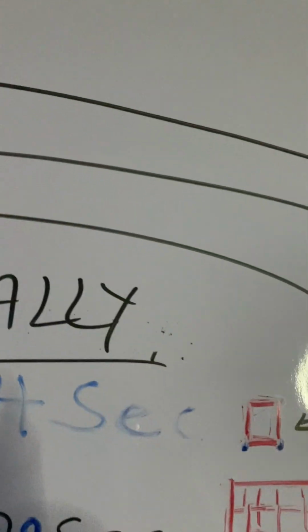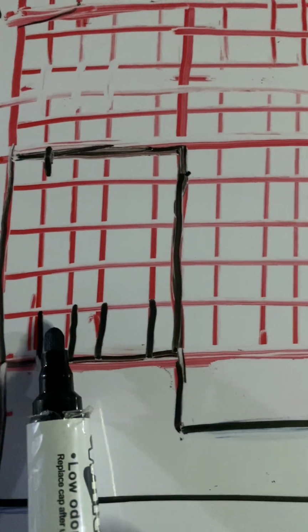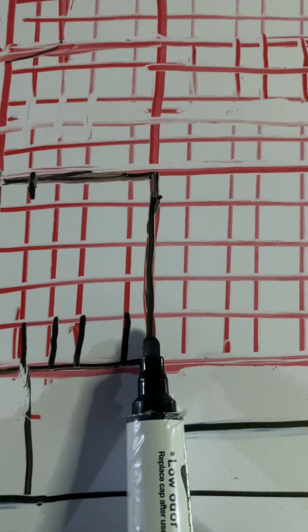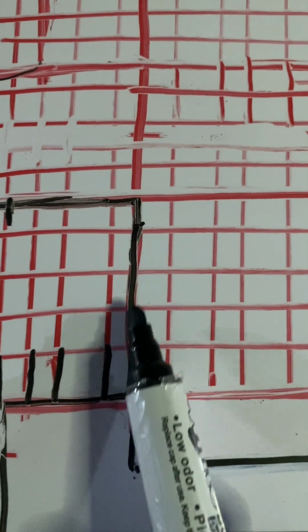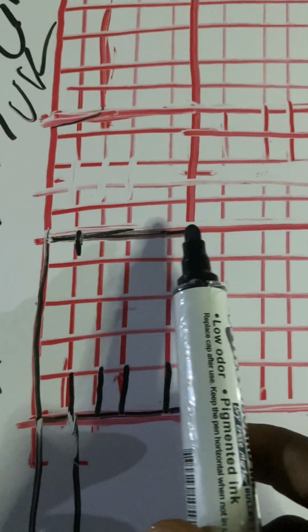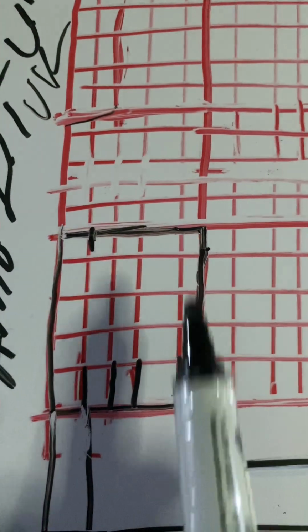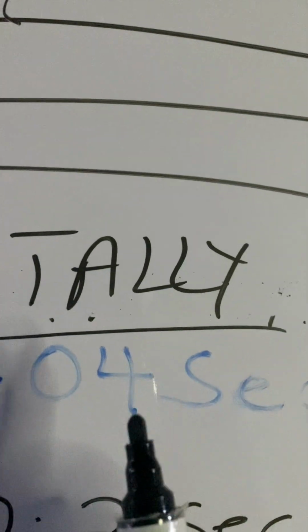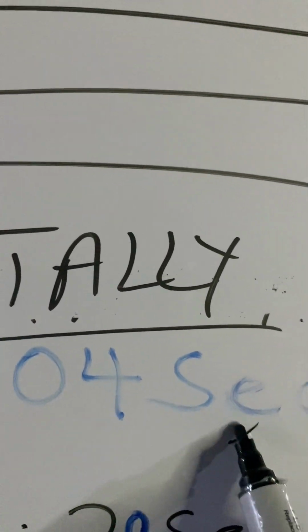All right, now a big box is made up of 5 of those small boxes, 1 2 3 4 5, and also 5 vertically, so 1 2 3 4 5. So when you take this big box, that will be what? 0.04 times 5, isn't it?